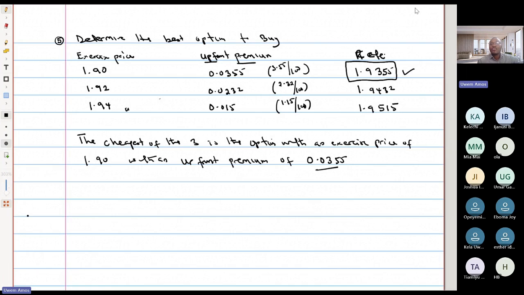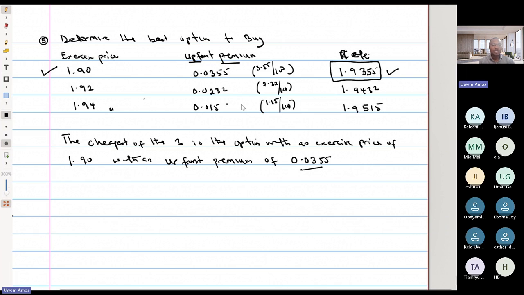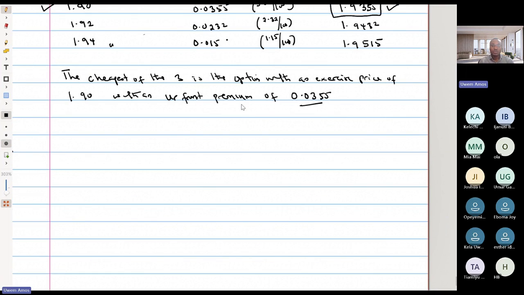All right, so we're going to go for this option. However, like we mentioned, you need to pay an upfront premium to get the right to buy the FX at 1.90. So let's calculate what we need to pay now to get that right. That is our upfront premium.